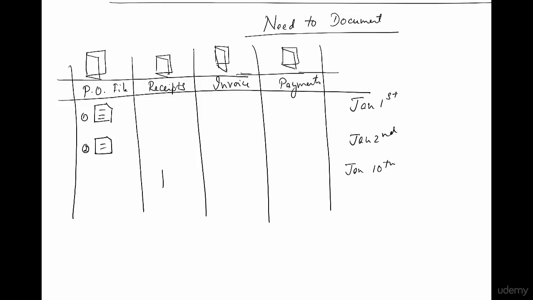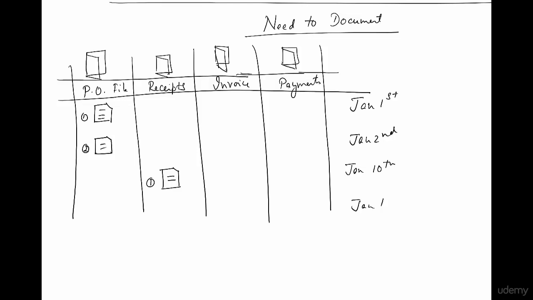On Jan 10th, I get a receipt. The vendor is going to send the receipt, right? This is going to be similar to how Amazon sends you a shipping label. So that comes along with your package, right? So it says, here are your products and these are the quantities. I'm going to file it in the receipts folder.